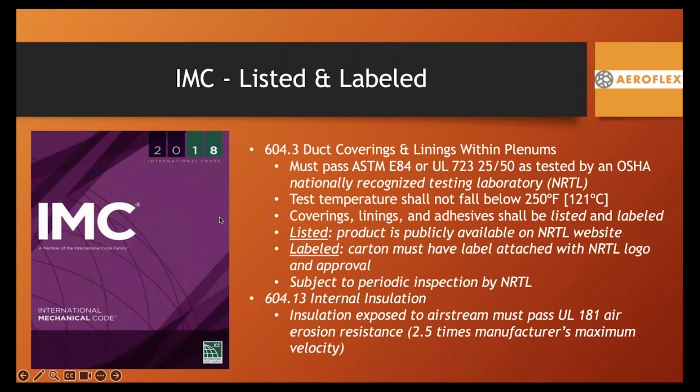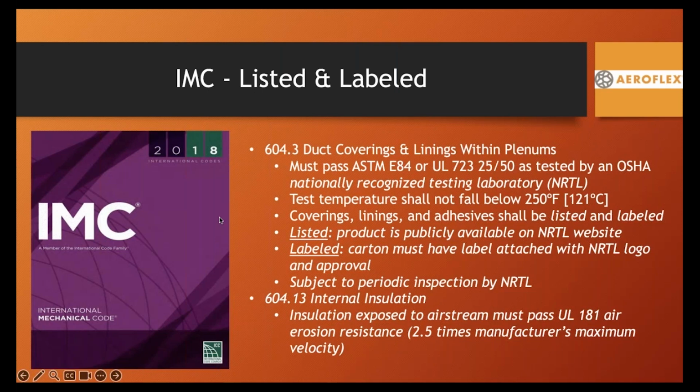The product must also undergo periodic inspection by an NRTL, which means in general quarterly surveillance. So that could be an on-site visit or that the manufacturer submits manufacturing data for review.